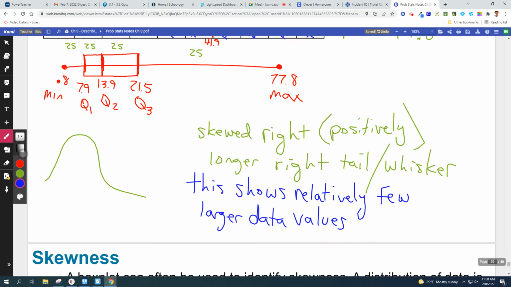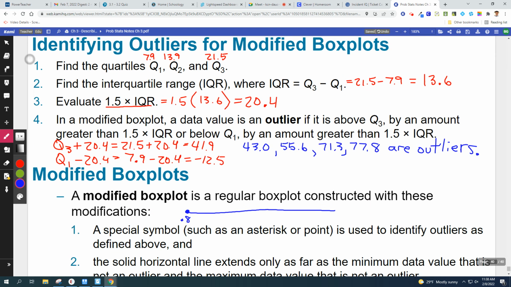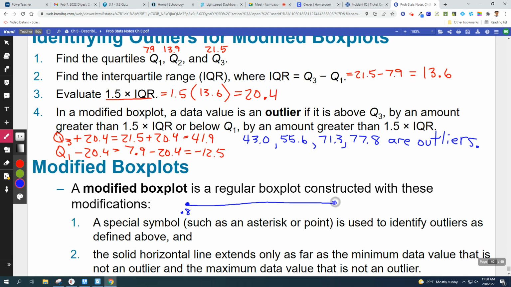So we're going to draw this box plot to 38.5. And we'll still have 7.9 as our Q1, and that box is going to go to 21.5, that's our Q3. And the median, or Q2, is 13.9.